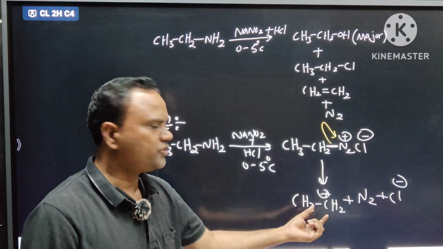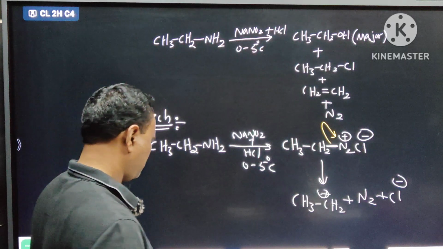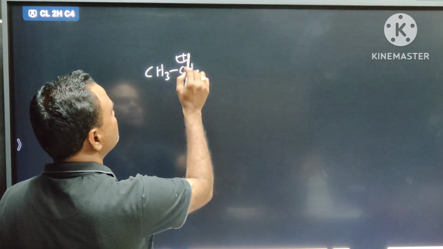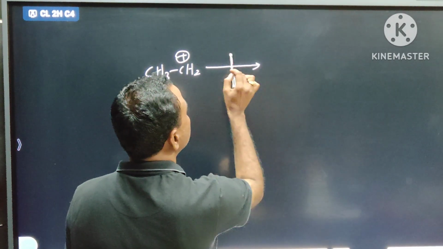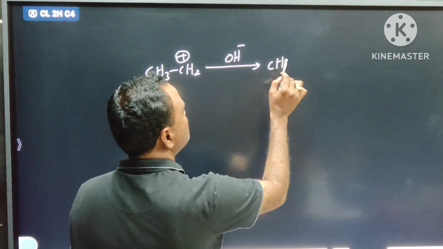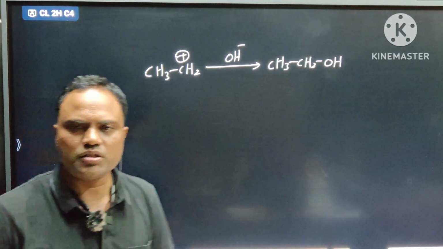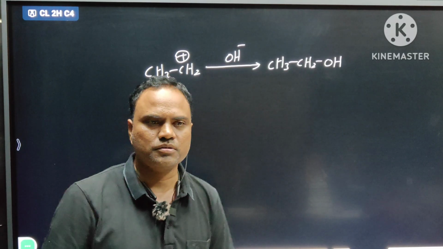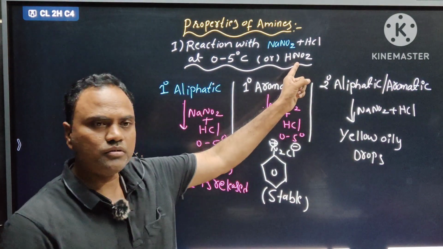Now, take this carbocation, CH3CH2+. When it is attacked by OH-, alcohol is produced. But what is the source of OH-? What did I write at the beginning?